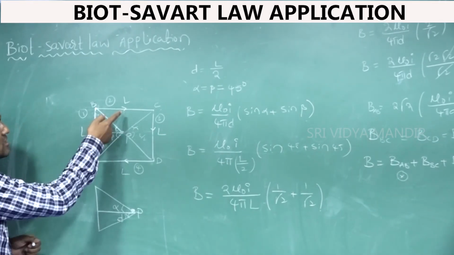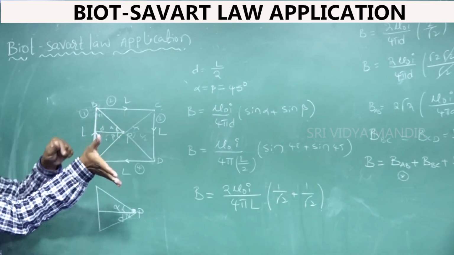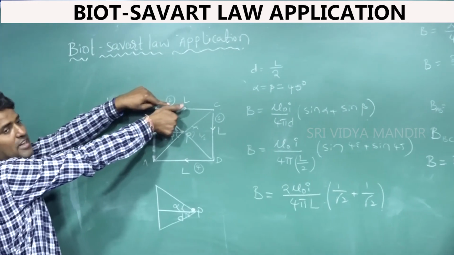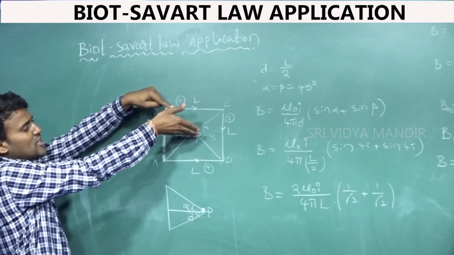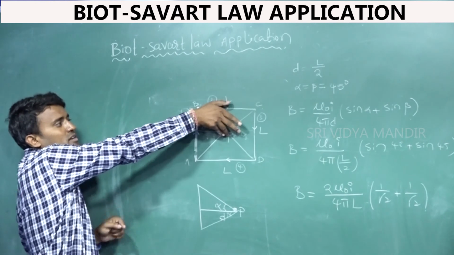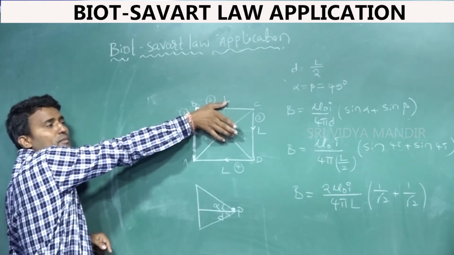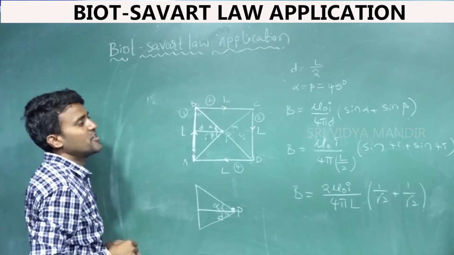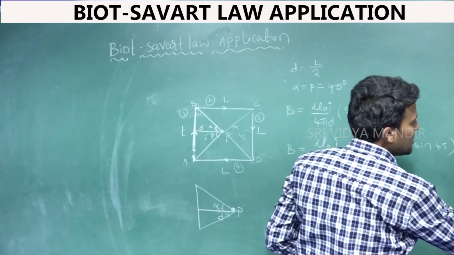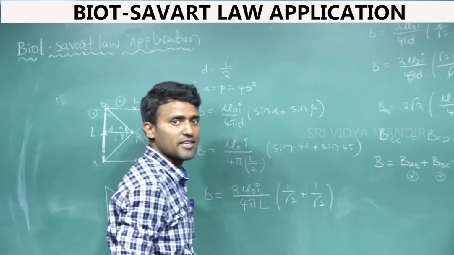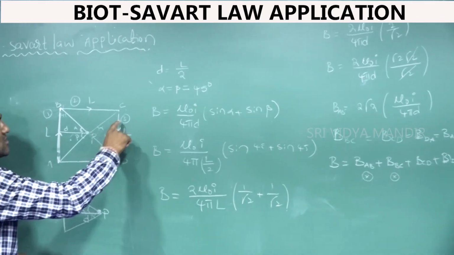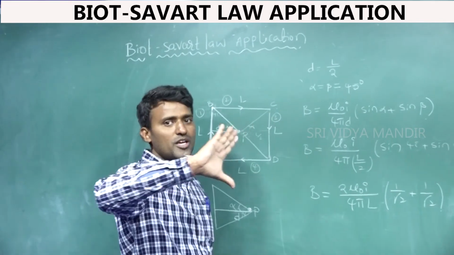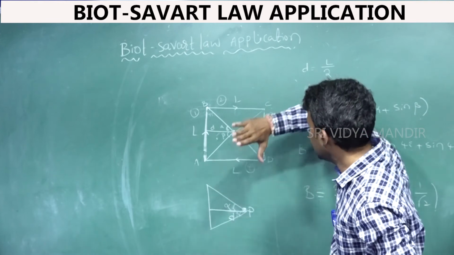Next one, due to the BC, again the thumb we have to place along the current direction and the tips of the fingers at the P. Now, is it inside or outside? The magnetic field is again inside. So due to the BC also, it is inside. Next one, due to the CD, we have to apply the right hand thumb rule again.